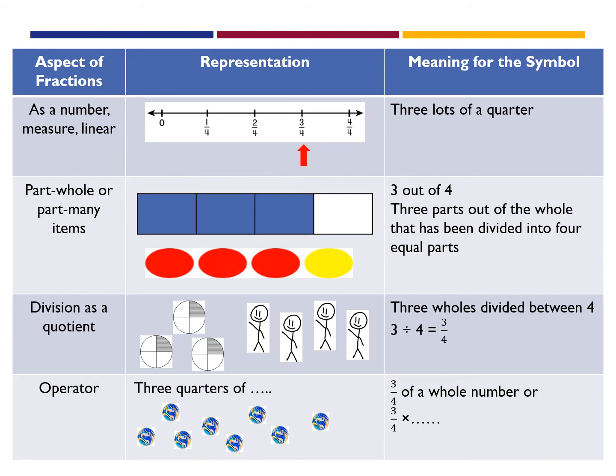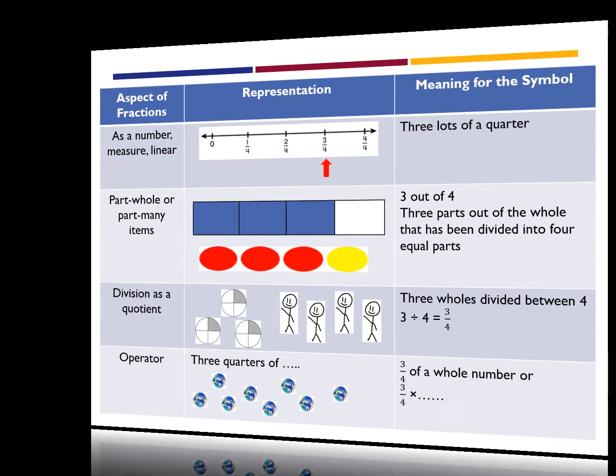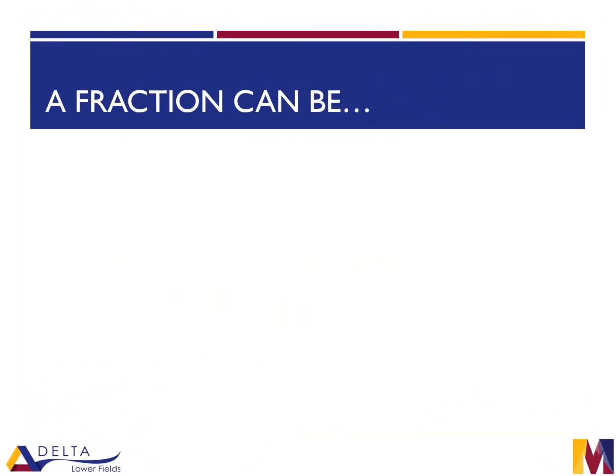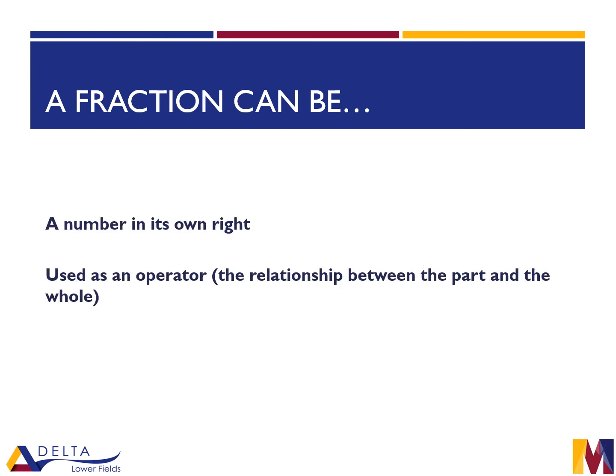As an operator, looking at its fractions of amounts and how we can use it in multiplying and dividing. All these different areas that we can actually relate fractions to. So let's have a look then at what a fraction is. So we're going to focus on these 3 areas just first.